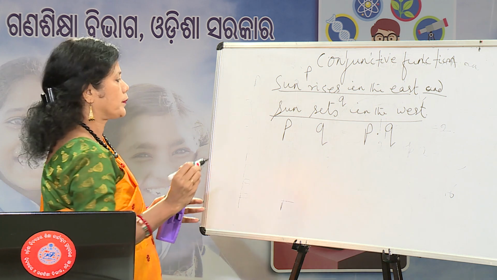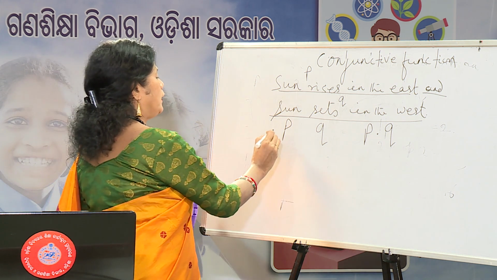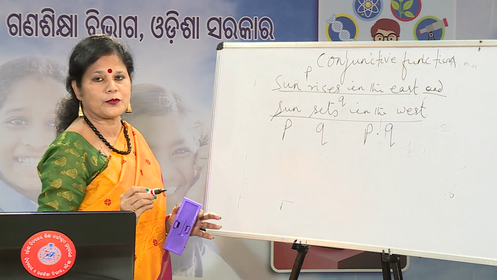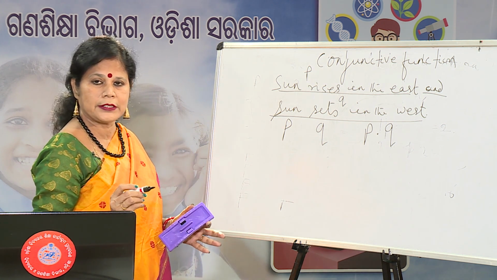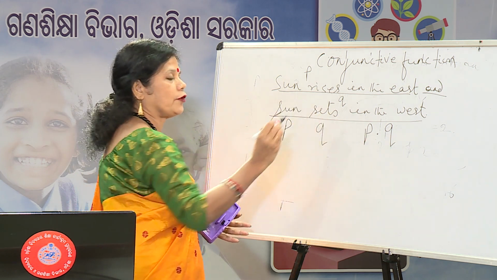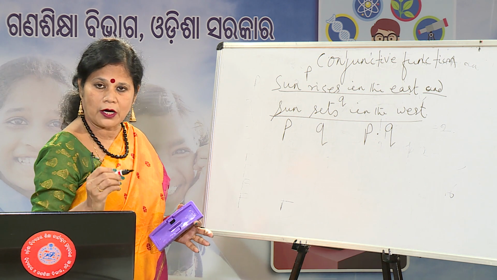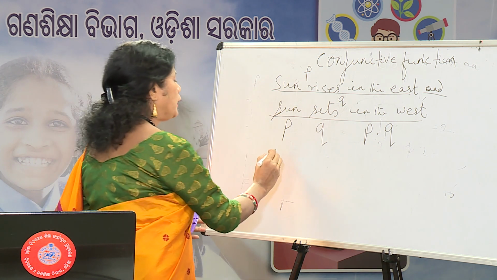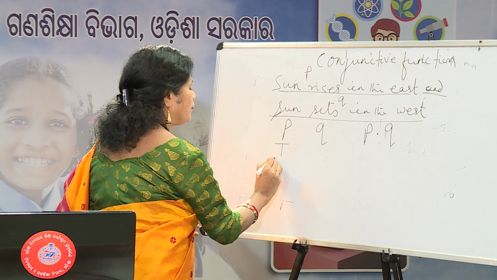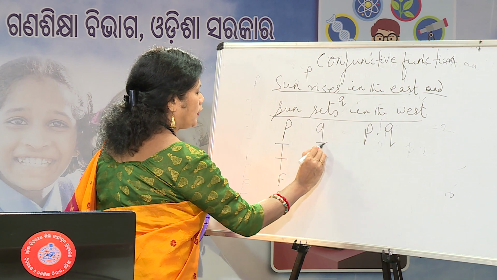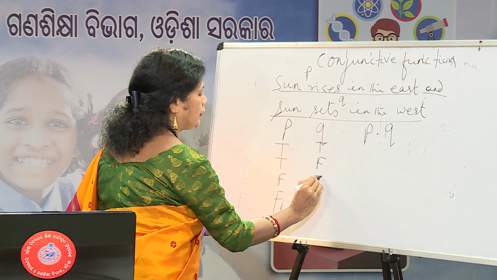Now, there are two propositions. So how many possibilities will be there? 4 possibilities. The truth value of this conjunctive function will be determined from 4 possibilities. What are the 4 possibilities? TT, FF, TF, TF.